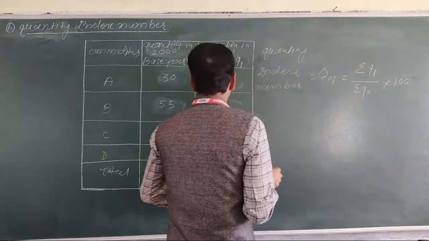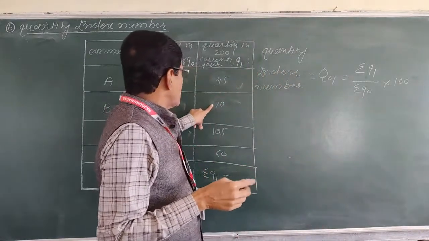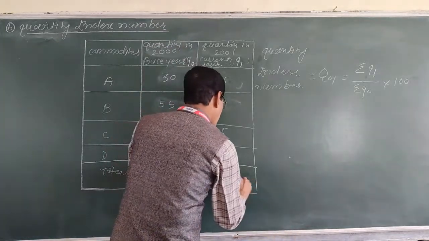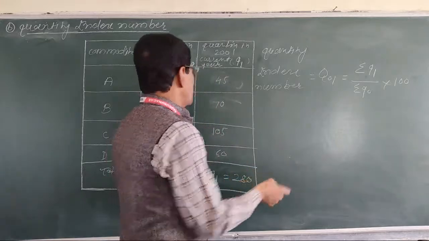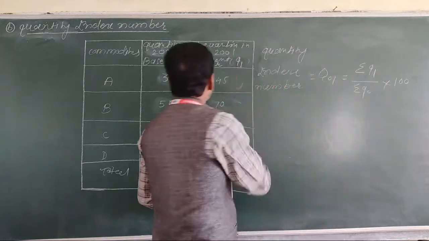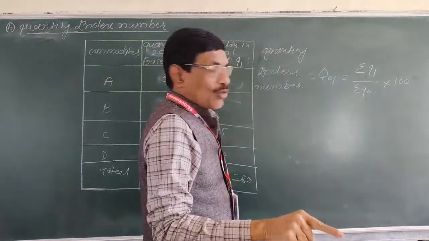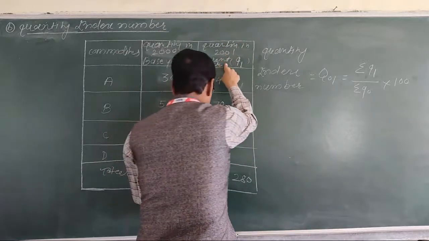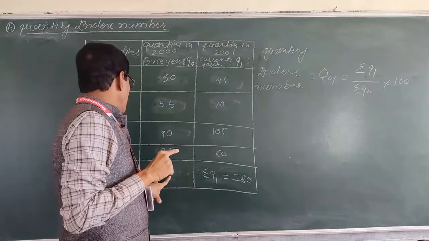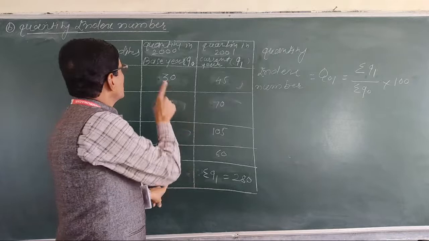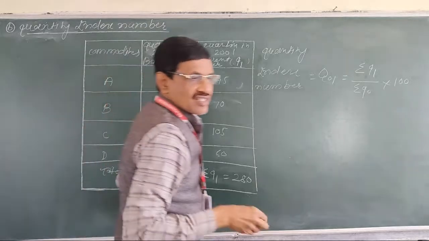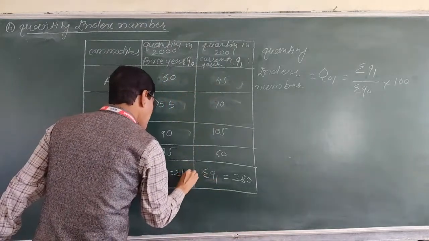Look at that. 45 plus 70 plus 105 plus 60 is equal to 280. So summation Q1, the sum total of quantity of the current year, is 280. And 30 plus 55 plus 90 plus 35, summation Q0, the sum total of quantity in the base year, is 210.